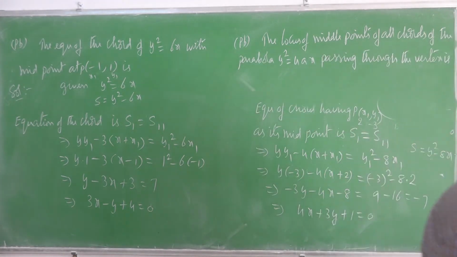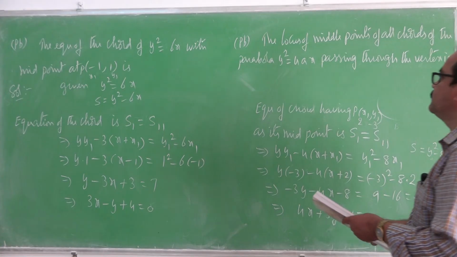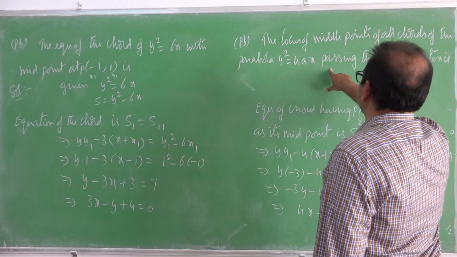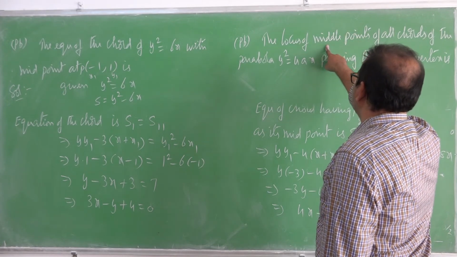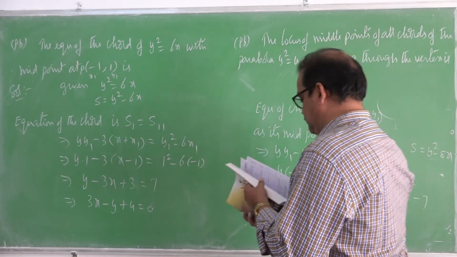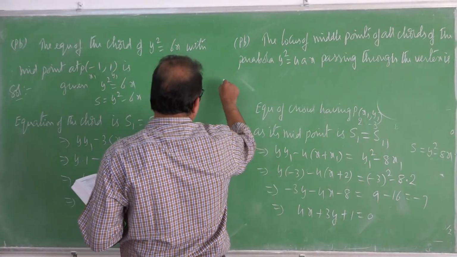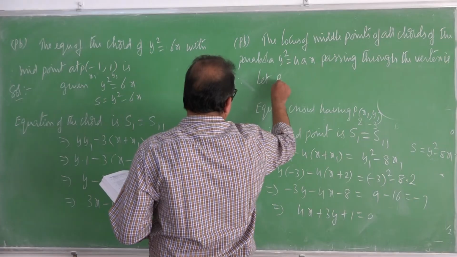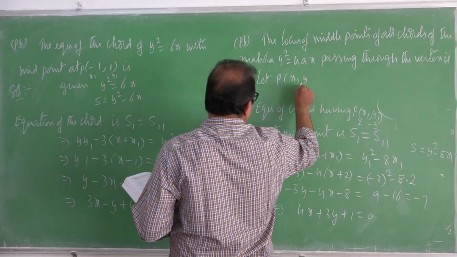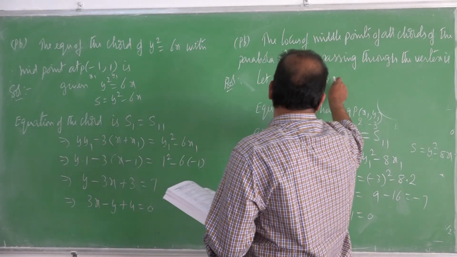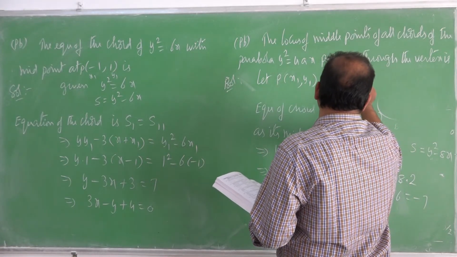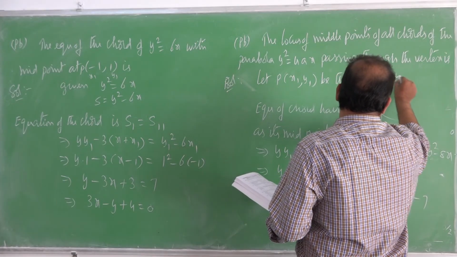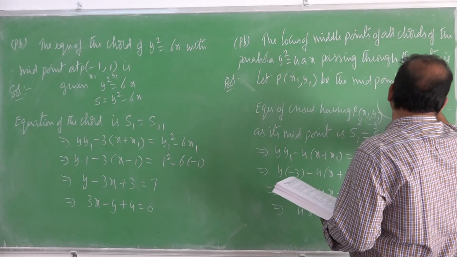First read the problem. What is given? For this parabola, find the locus of midpoints. Let P(x1, y1) be the midpoint of the chord.